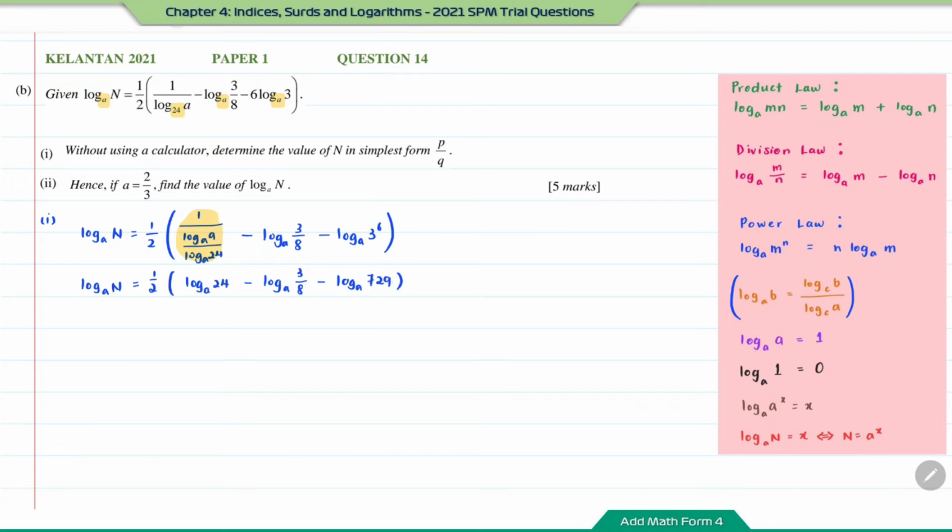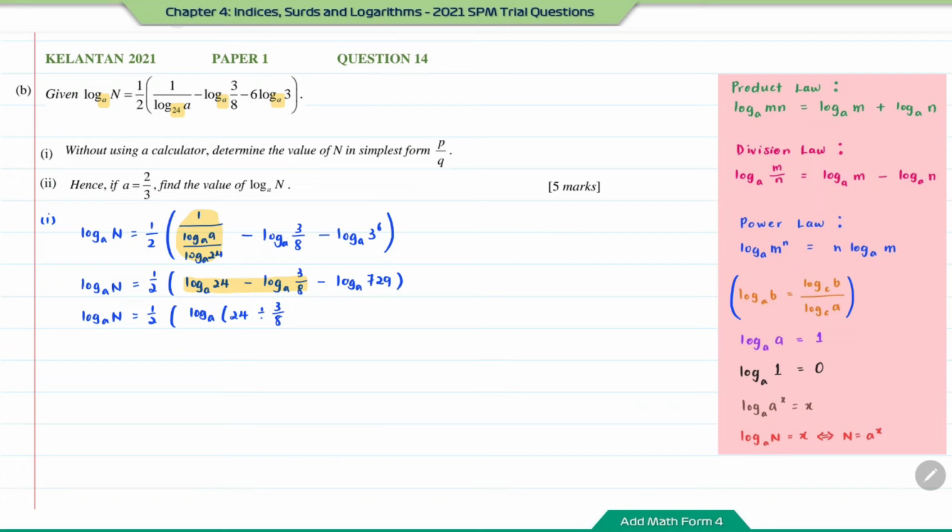So 3 to the power of 6 will give you the answer of 729. So now let us focus on the log inside the bracket there. Now, using the division law, we can solve this part first, slowly. So this is going to be 24 divided by 3 over 8.